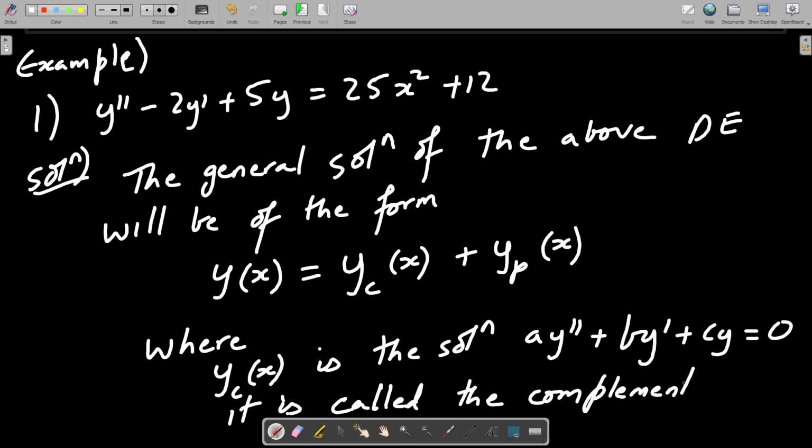Just complement, and write it that way. It's called the complementary function.